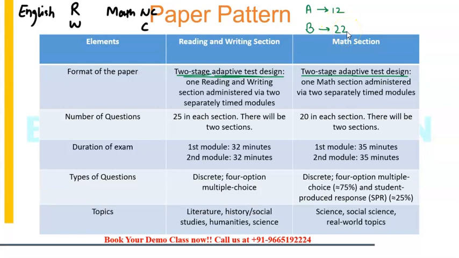Now, for person A, the next section on English will be on the easier side, because it's adaptive. It's adapting to A's capability by judging that he's only able to answer 12 questions correctly. But on the other hand, B will get a difficult section.